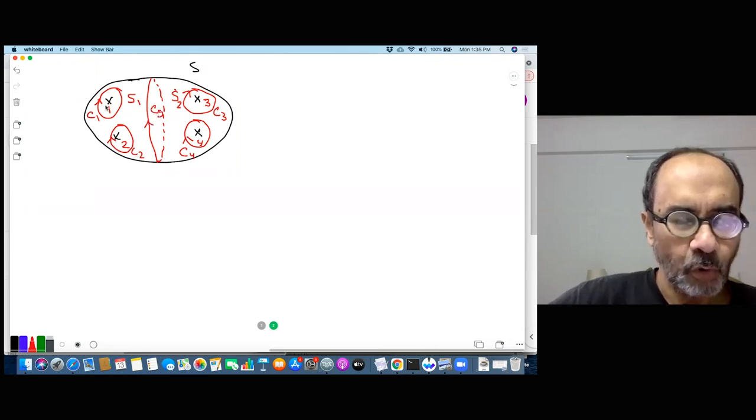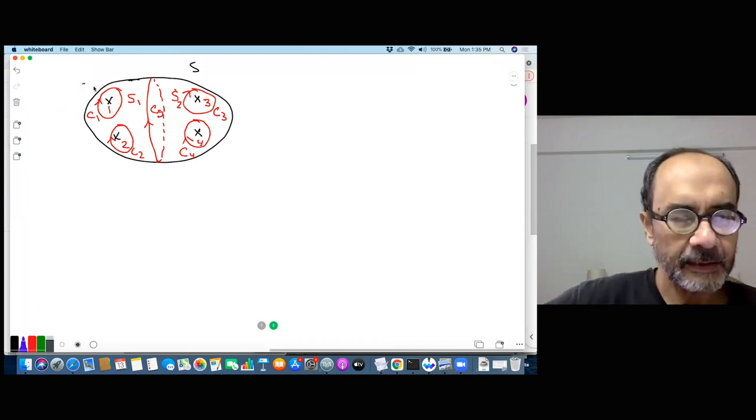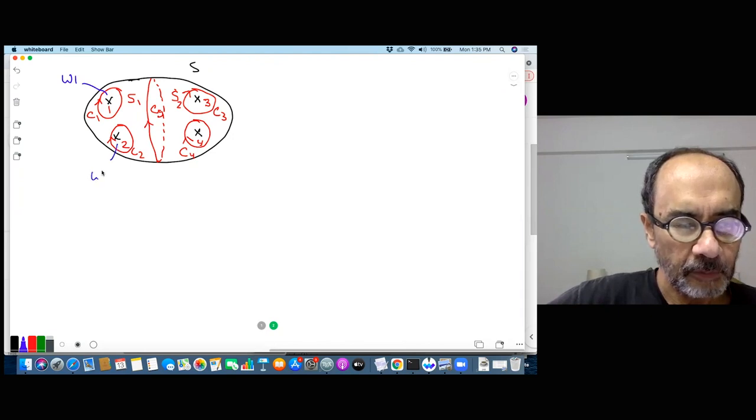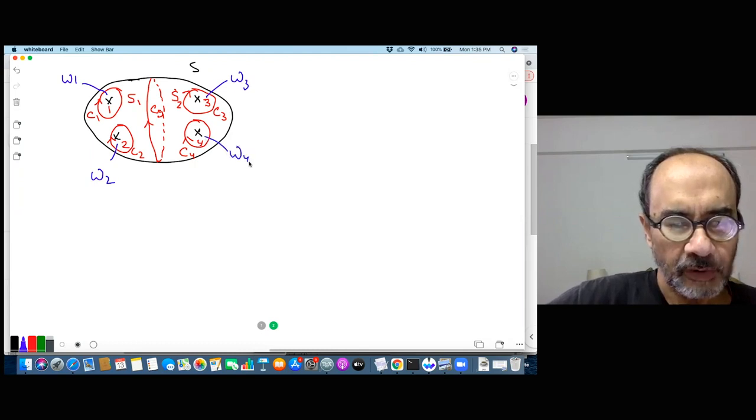So the coordinates here, as usual, will be chosen as W1, W2, etc. Let me just write one of them. So this is W1, W2, W3, W4. And on the sphere, I'll choose these to be Z1 and these to be Z2.